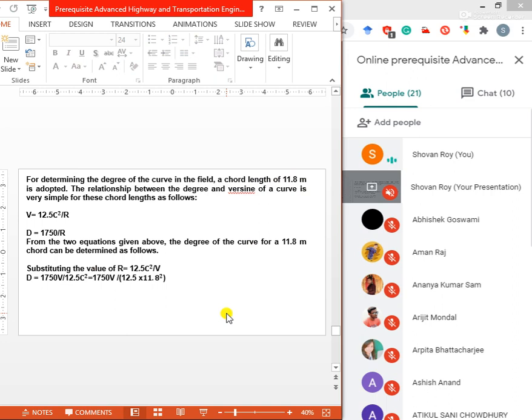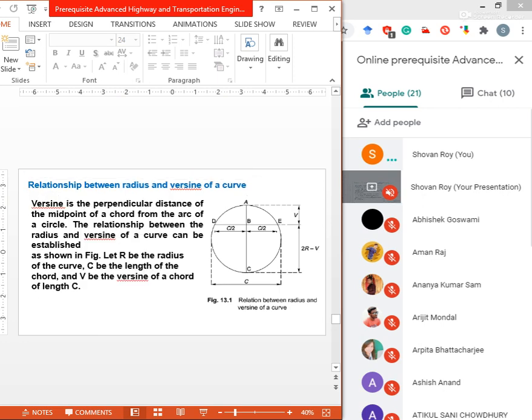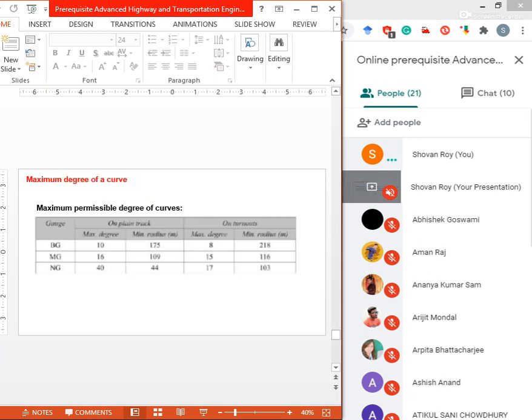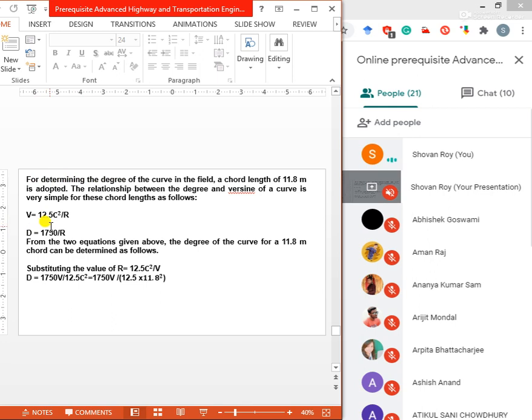The relationship between the degree and Versine of a curve is very simple for these chord lengths, as follows: V = 12.5 C²/R, and D, the formula coming from this equation, D = 1750/R. D, the degree of curve, equals 1750/R, and Versine is 12.5 C², that is chord length squared, by R, in centimeters.